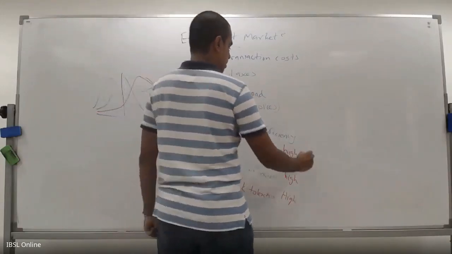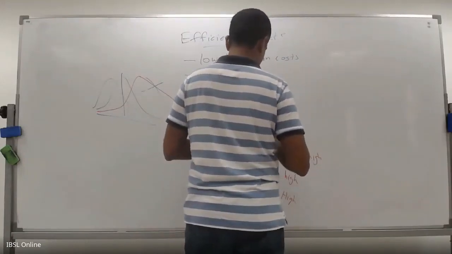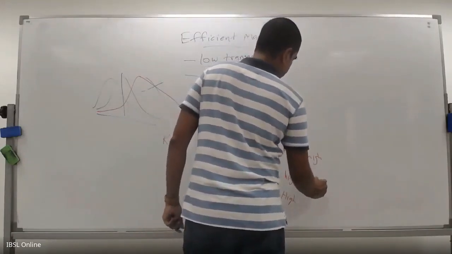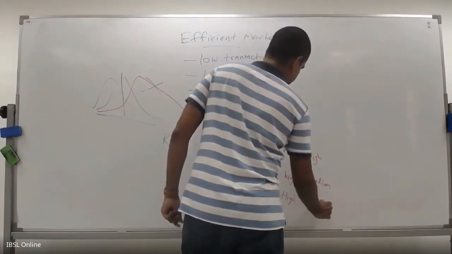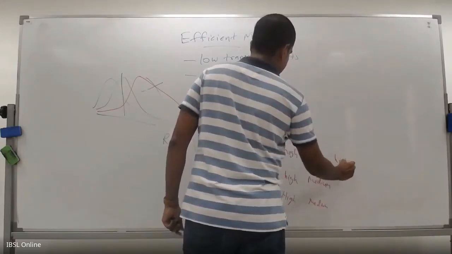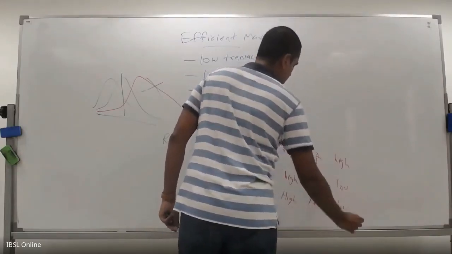If ability is high and willingness is medium, risk tolerance will be medium. If ability is high and willingness is low, his risk tolerance will be low.